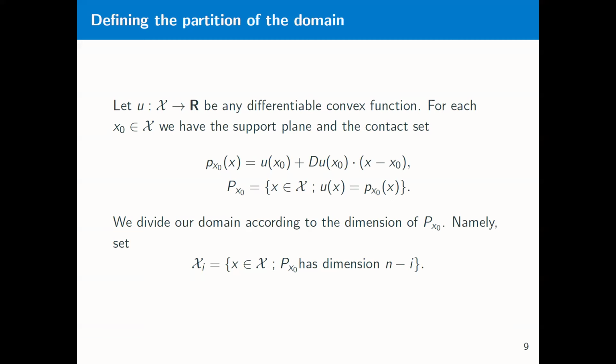That's just the equation for it. And we can consider the set where you touch your support plane. We call that the contact set. And the way we're going to divide our domain is according to the dimension of each contact set. So we call curly xi_i the set of x such that the contact set at that point has dimension n minus i.